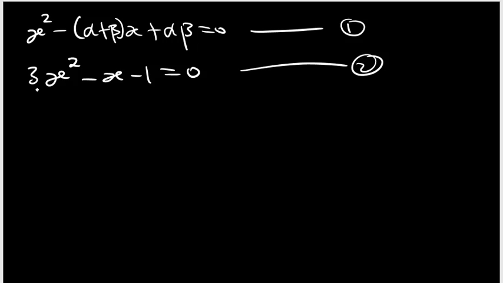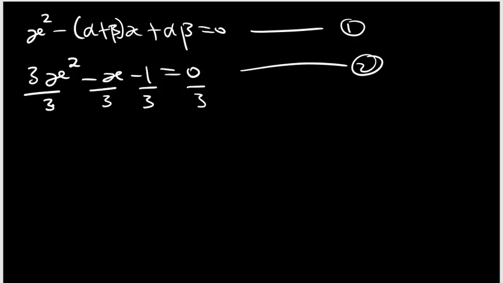In this case, we will try dividing each term of equation 2 by the coefficient of x squared. So we are going to divide this by 3, divide this by 3, divide this by 3, and then divide this by 3.